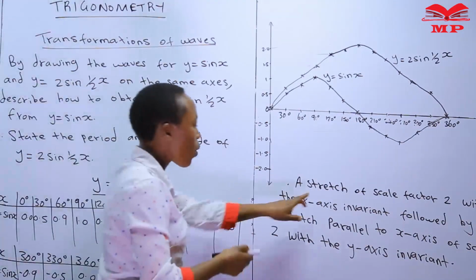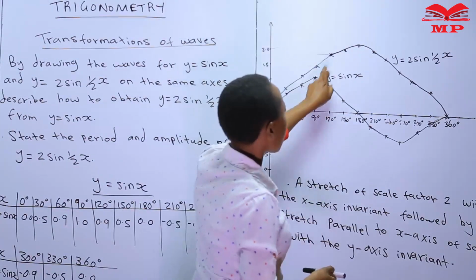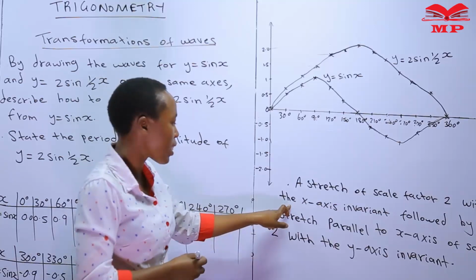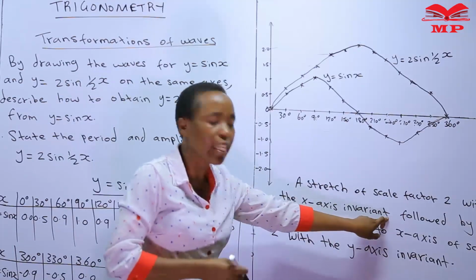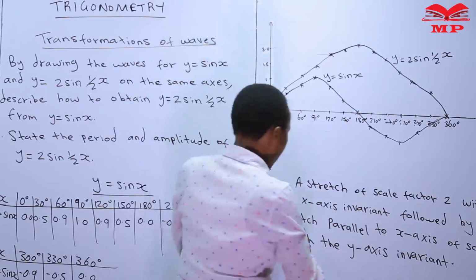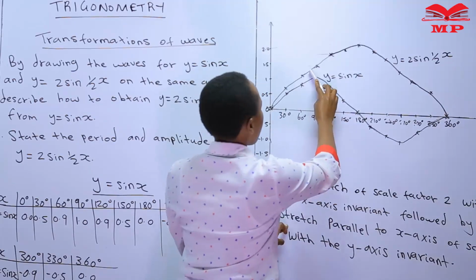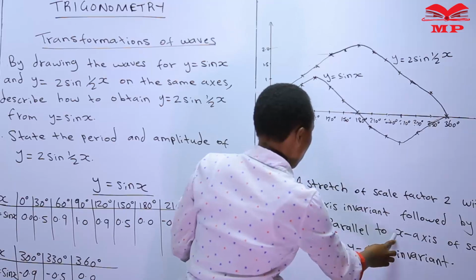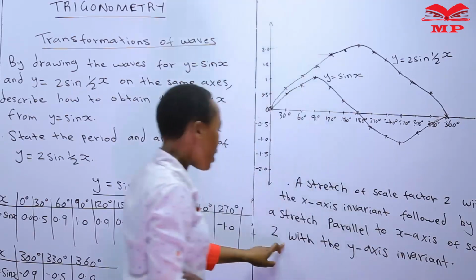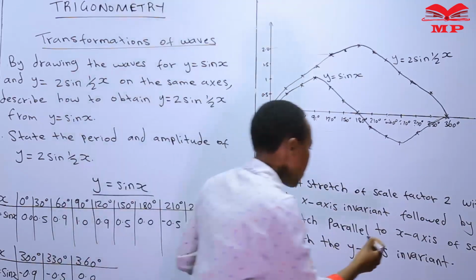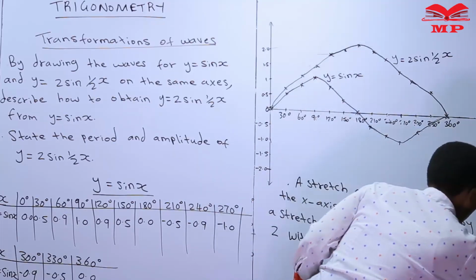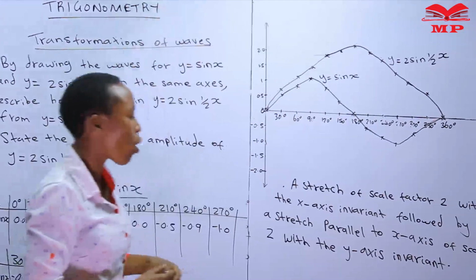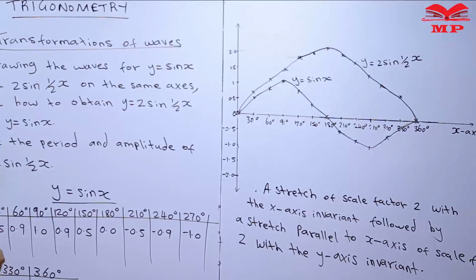We have the first one, a stretch of scale factor 2, parallel to the y-axis with the x-axis invariant, followed by a stretch parallel to the x-axis of scale factor 2, again with the y-axis invariant.